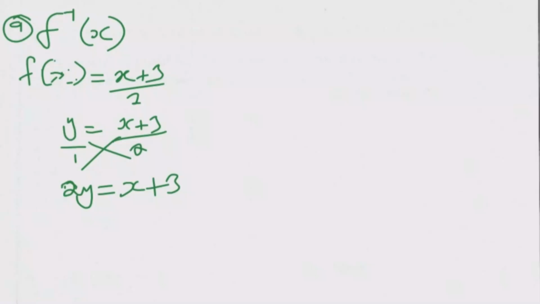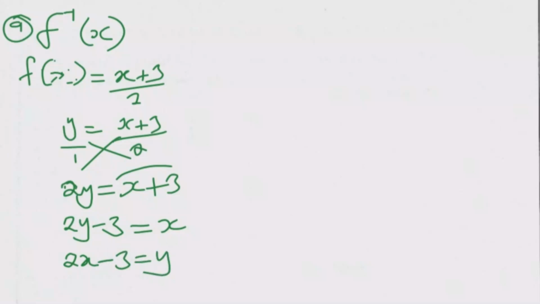So we can have 2y, then 3 will cross the equal sign and become minus 3, which is equal to x. At this stage I can just swap the position of x and y. Where there is y, I put x, where there is x, I put y. So that means I'm going to have 2x minus 3 is equal to y.